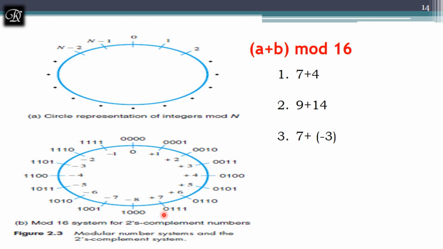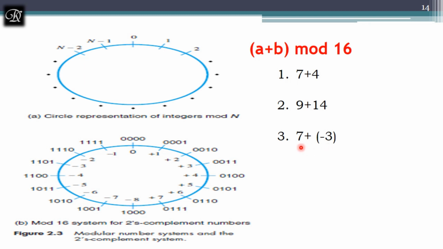The answer is actually 23, but we are going under the mod 16 system. So what we are going to get is 7. Why? Because we have seen the same answer in the previous case also. Once we cross the given mod system, we take mod 16, and if I subtract 16 from 23, the remaining value is 7. So this is the answer over here, and it is also correct, and it is easy compared to the previous one. Yeah, next we'll perform the addition of 7 plus minus 3.